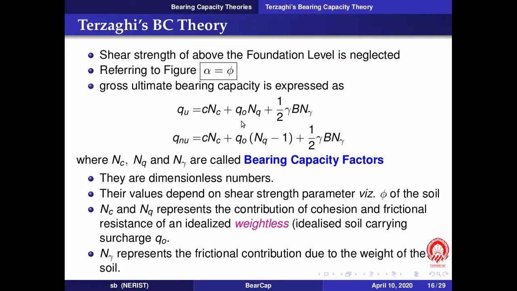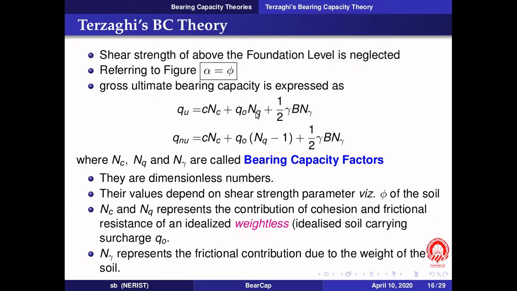And in this manner, when they express the ultimate bearing capacity, they express them in terms of some dimensionless numbers. These are called bearing capacity factors. This NC is the bearing capacity factor related to the cohesion component of the resistance.